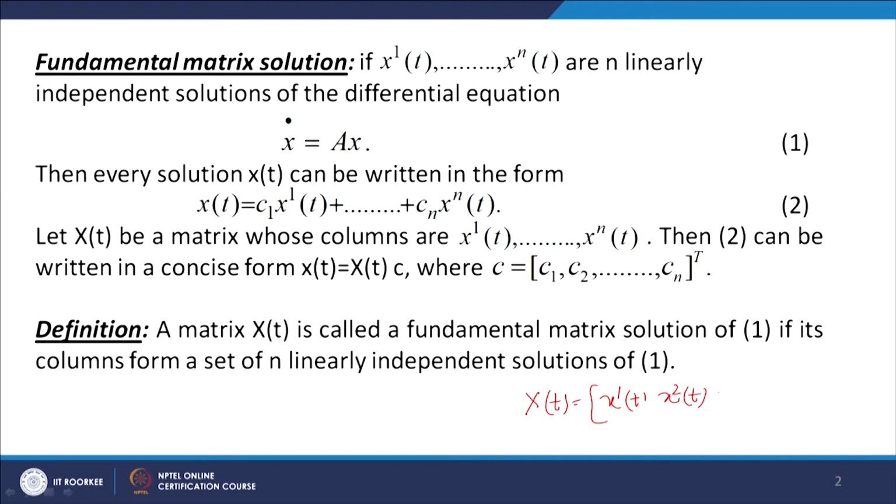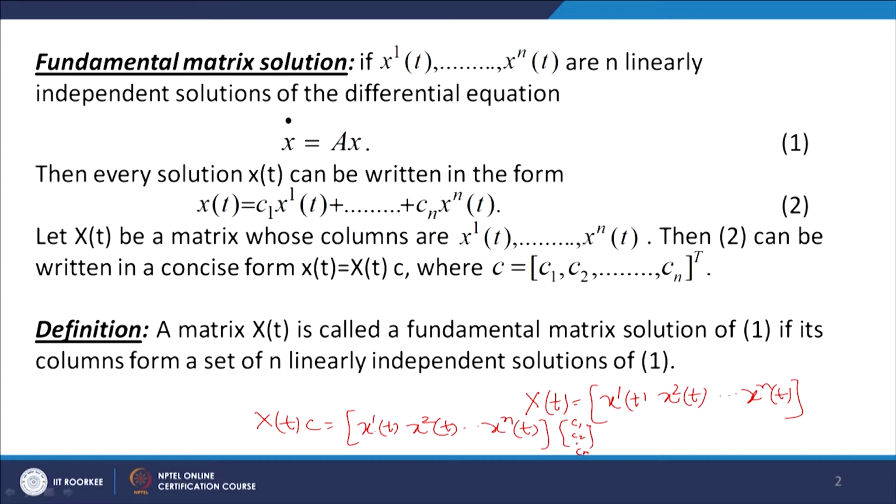Now, when you find X(t) into the column vector c, what do we get? X(t) into c equal to the matrix with columns x1(t), x2(t), xn(t), multiplied by the column vector c1, c2, cn.